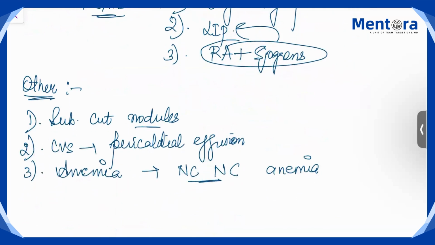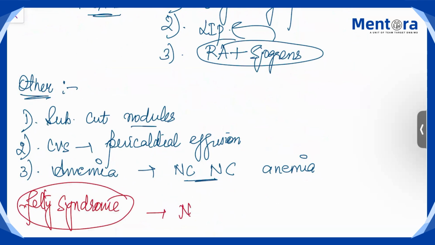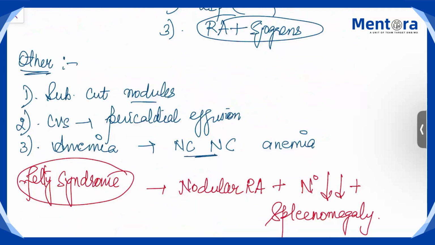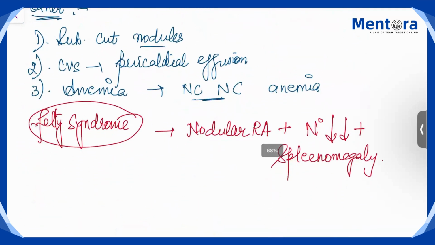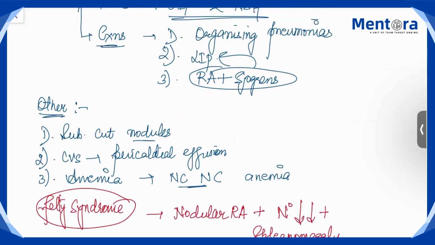What is Felty syndrome? Felty syndrome is nodular rheumatoid arthritis with neutropenia and splenomegaly. So this is the complete lung involvement in case of rheumatoid arthritis.